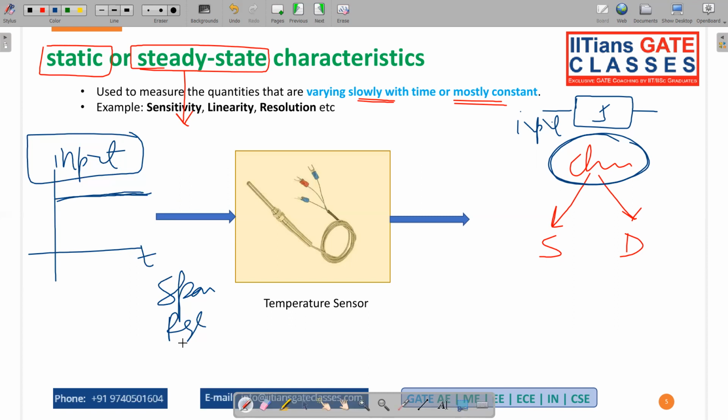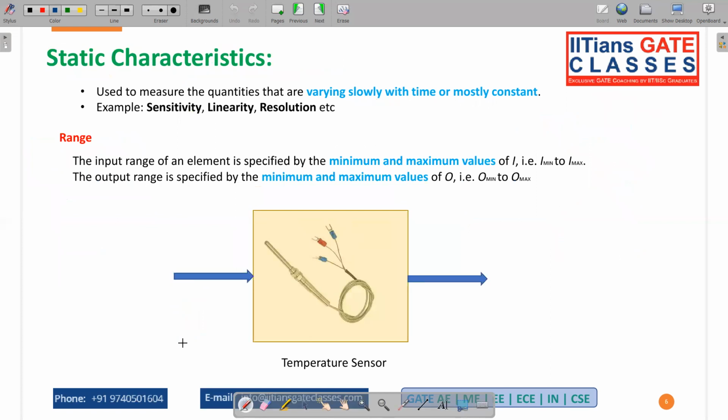There could be a few MCQs, MSQs, or even a 1 mark or 2 mark numerical question in the exam, where you are asked to find the resolution or the sensitivity of a sensor. So let's understand what all the terms are. The first term is range.